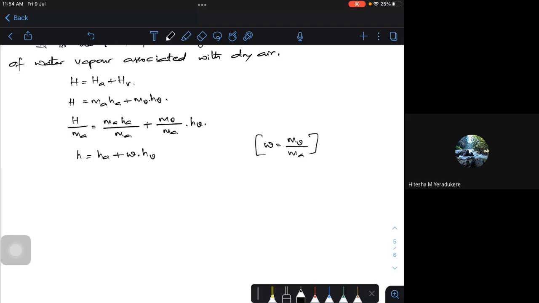If I call this equation 1, I'm going to call this equation 2: h is equal to HA plus omega into HV.